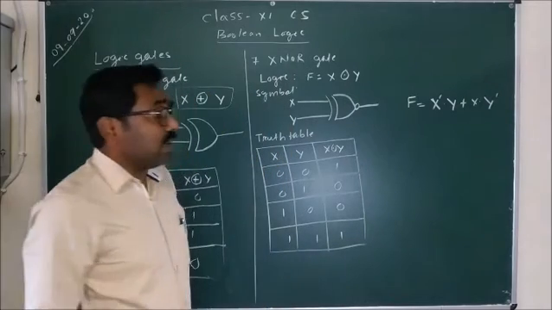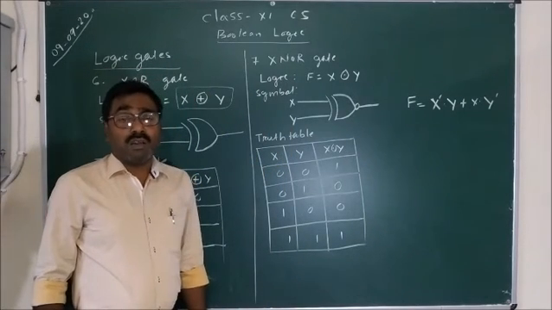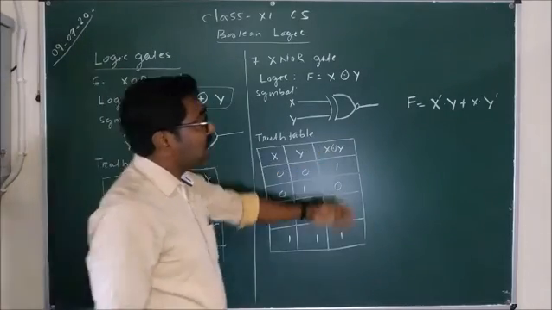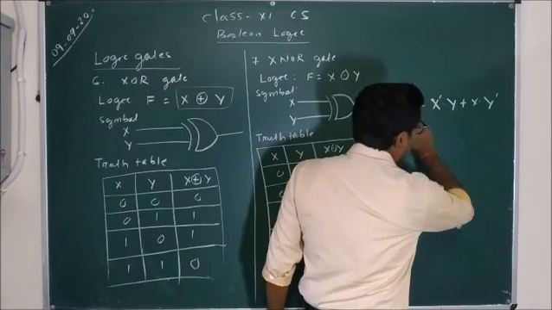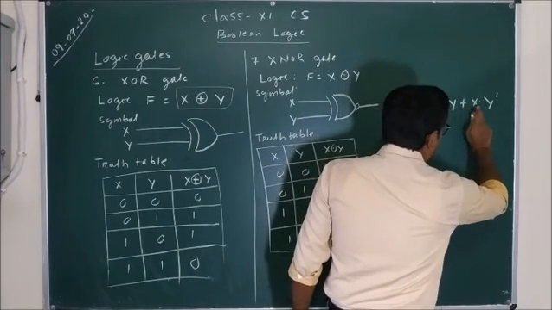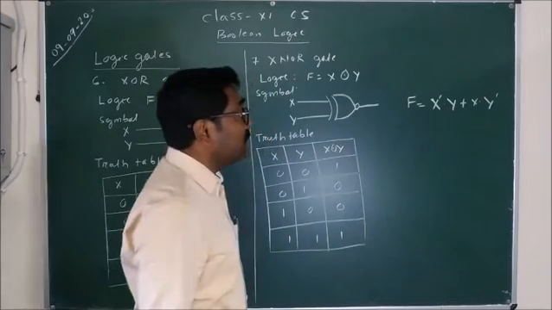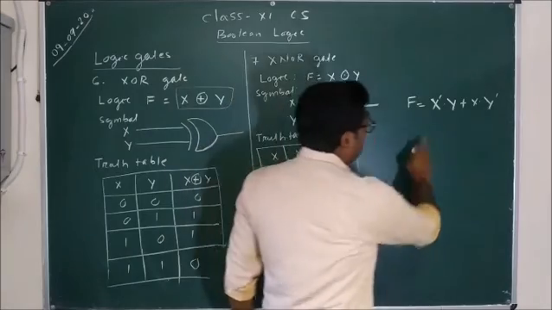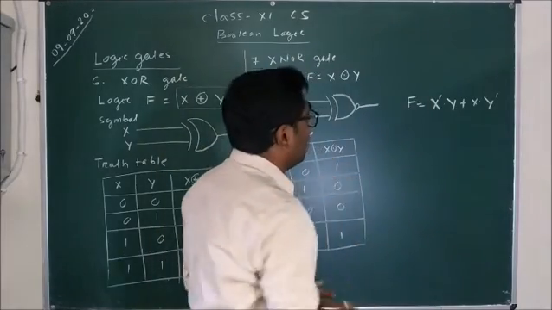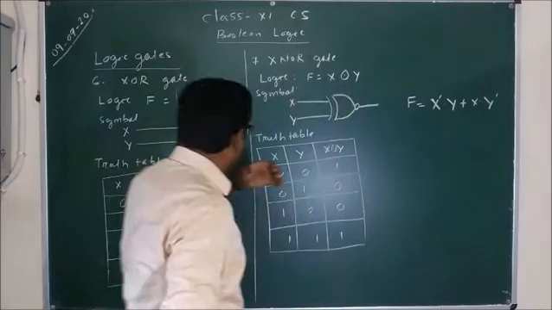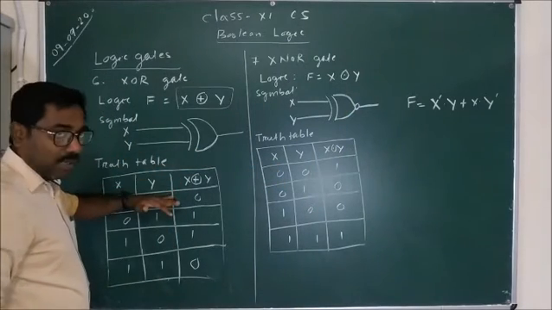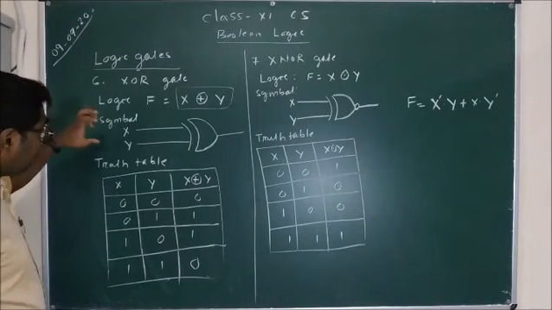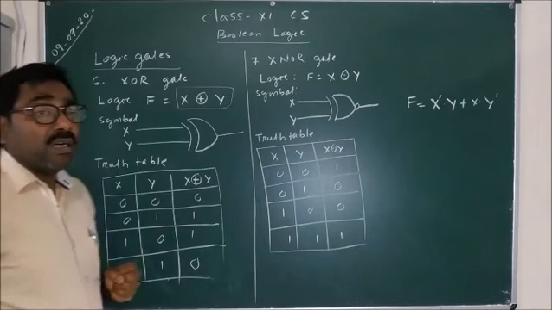The actual Boolean logic solved through your XOR gate is F is equal to X dash dot Y plus X dot Y dash. According to this logic only we'll get the truth table. But before going to the truth table, let's see the symbol of your XOR gate.